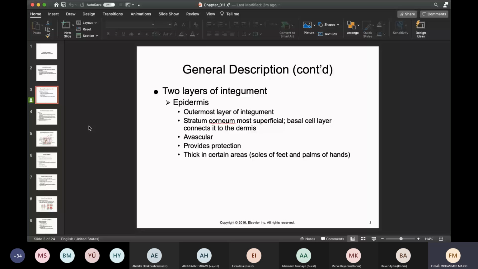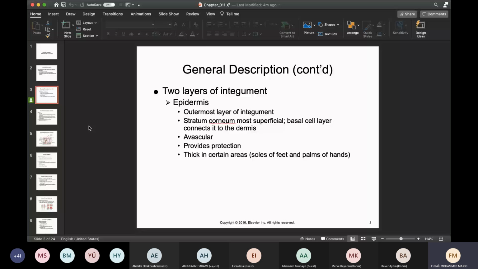The stratum corneum is the most superficial layer, and the basal cell layer is the deepest layer, which connects to the underlying dermis. The epidermis is avascular. Again, this means there are no blood vessels that penetrate through the epidermis. Its main purpose is protection. This is the first line of defense in your body that protects against microbes and other pathogens from entering, gaining access to the deeper tissues.